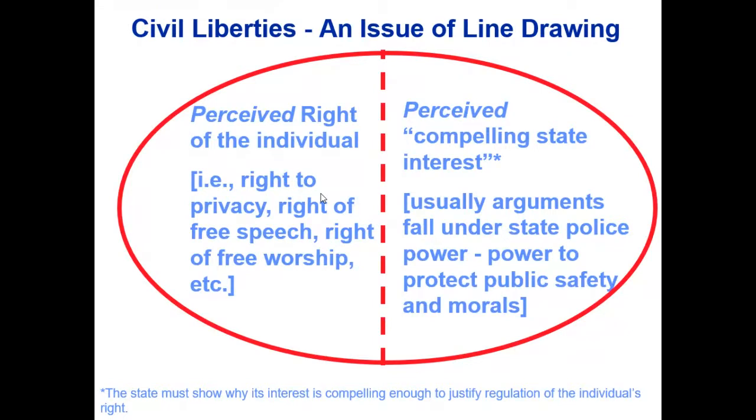But oftentimes when the courts take up these specific cases, they are looking to the specifics. They're not looking to that general. They're looking to say, in this specific instance, this law that the local government has passed or the state has passed, which clearly restricts free speech rights or clearly restricts gun ownership rights, is the interest that it's asserting compelling enough to warrant or justify that restriction of individual liberty.